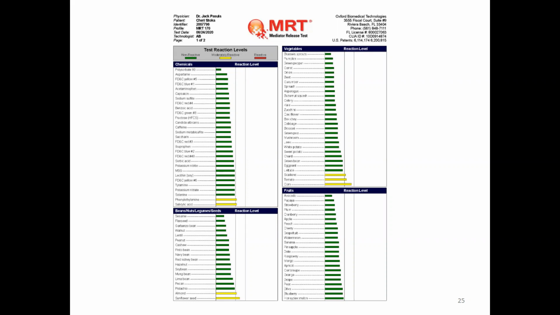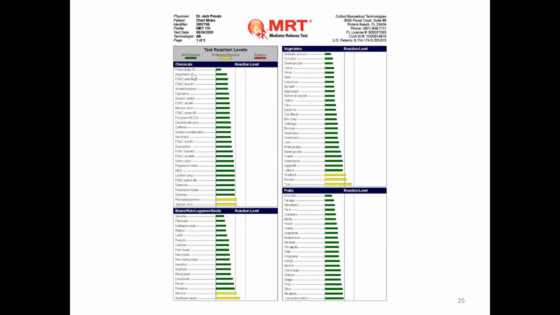The MRT test is divided up into different categories. I'll go through briefly, but as you can see here, it's going to give you results that look at non-reactive chemicals, foods, mildly reactive, and very reactive.